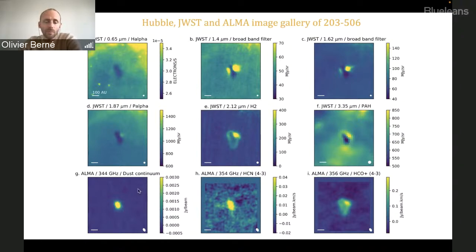And if you go to the millimeter wavelengths with ALMA, you will see the dust emission and also the emission from the cold molecular gas inside this protoplanetary disk. What is striking is the presence of this envelope of warm molecular gas that is detected in H2, in the PAH filter with NIRCam as well, and in HCO+ with ALMA.